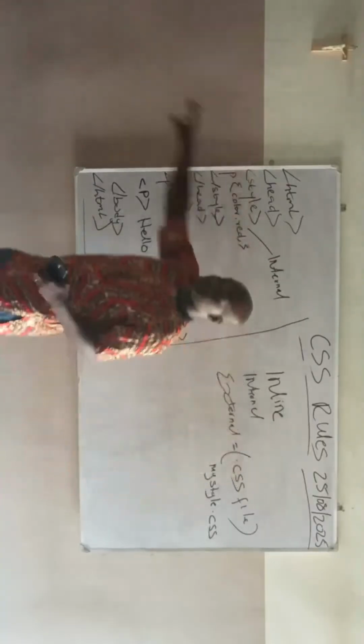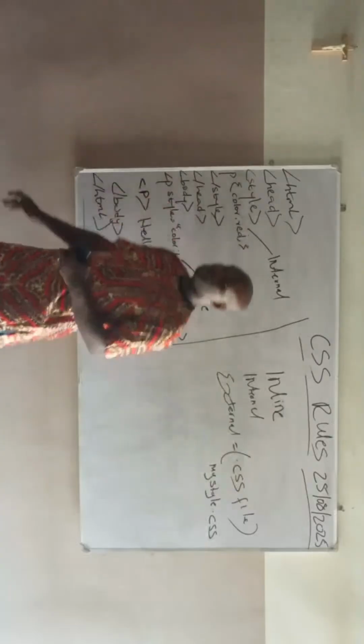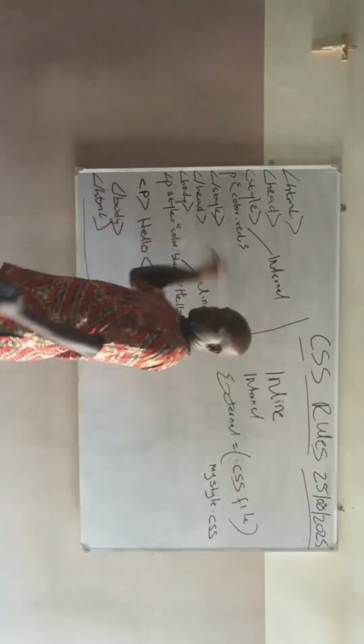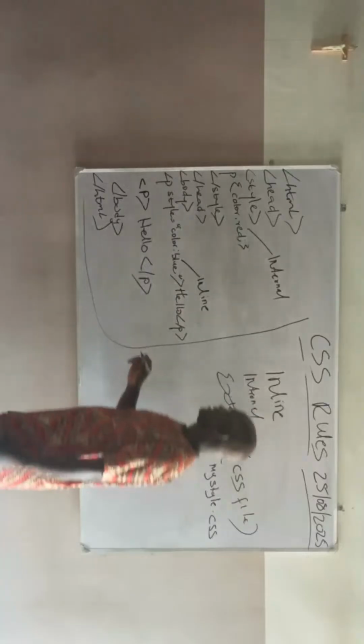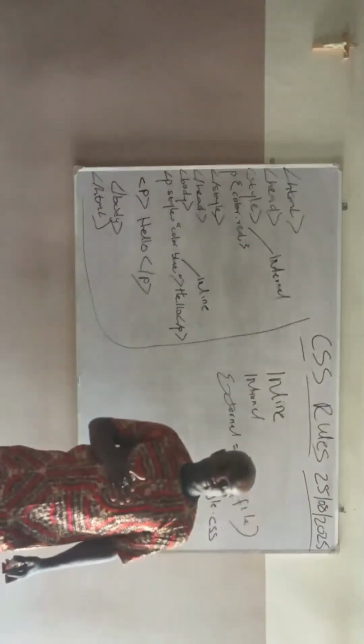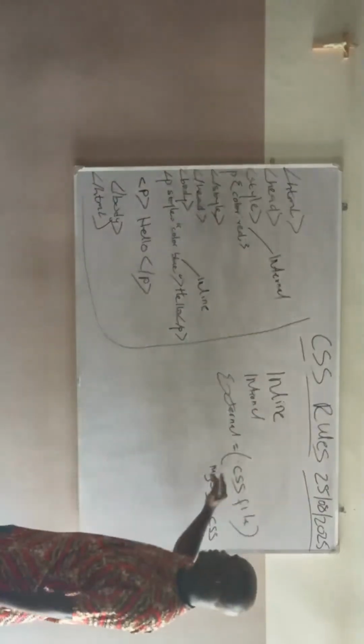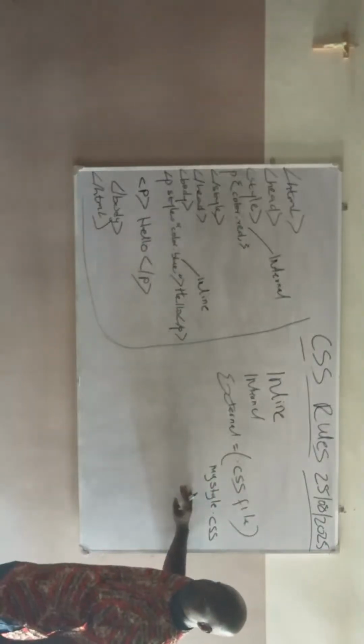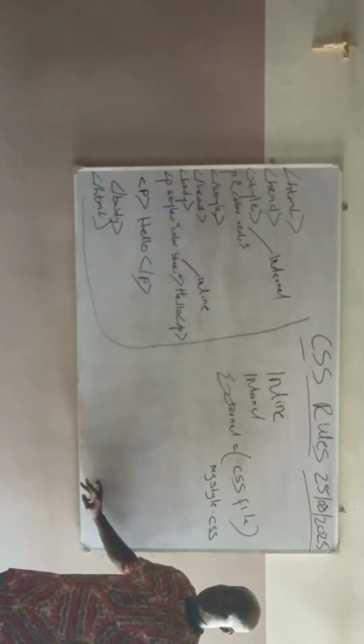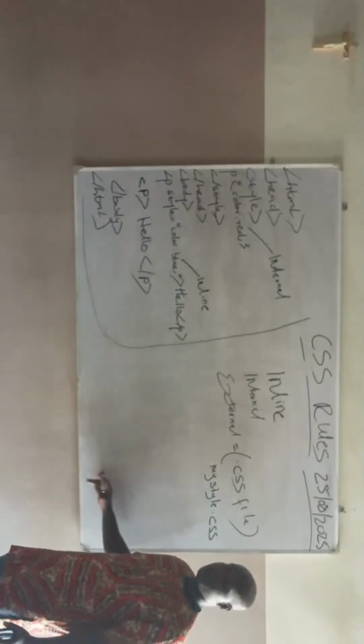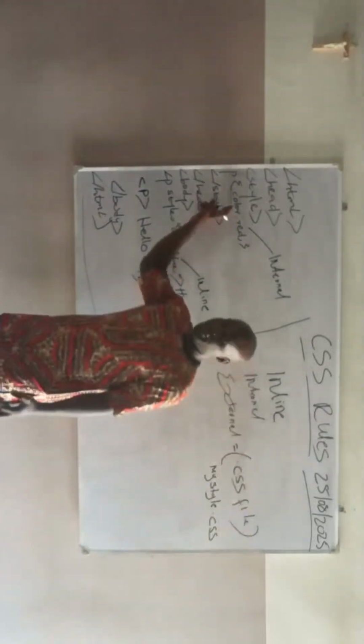Then I'll use another tag to import it so that it makes your work organized. If I have 1 million rules, I'll do all my declarations here, and then I'll just link them here.